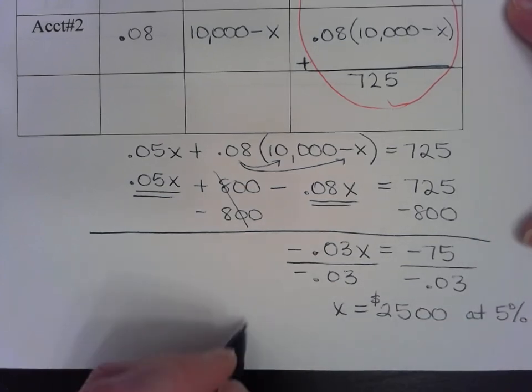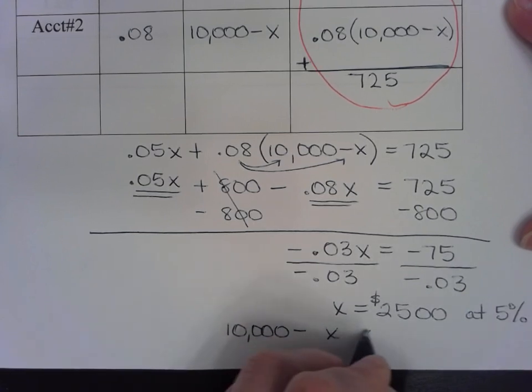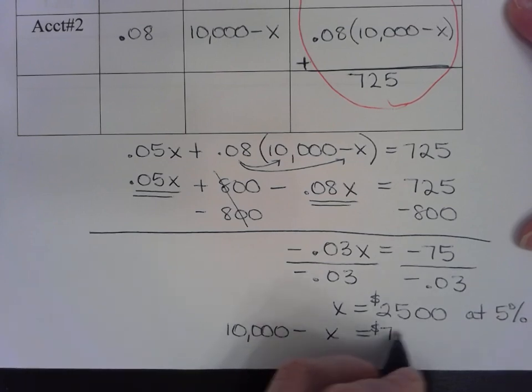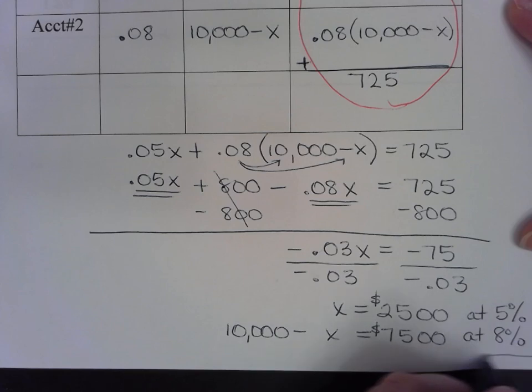And then I could subtract, right, 10,000 minus x. So 10,000 minus 2,500 is going to give me 7,500. And that must be how much was deposited at 8%.